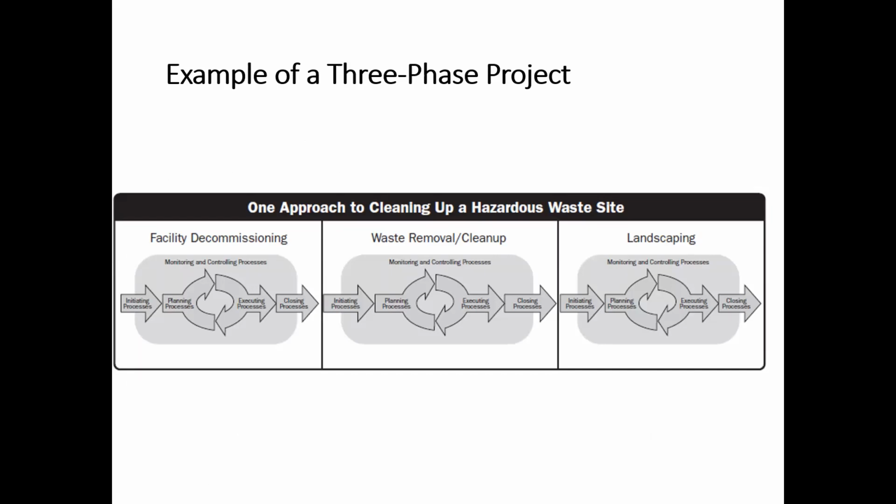We first decommission the facility, then remove waste and clean up the area, and then we landscape. At the end of each phase, we decide whether to go to the next phase or not. So that's why it is called a 3-phase project.